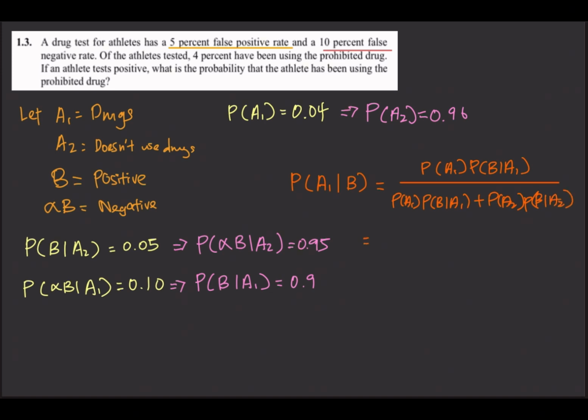And what we will get: probability of A1 is 0.04 multiplied by B given A1, which is 0.9, over 0.04 times 0.9, plus probability of A2, which is 0.96, multiplied by probability of B given A2, which is 0.05. Input this into your calculator and we will get the answer.